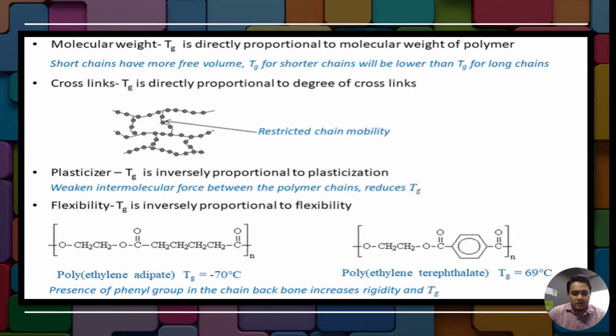For number one, we have polyethylene adipate with the glass transition temperature of negative 70 degrees Celsius. And example number two, we have polyethylene terephthalate, with a glass transition of 69 degrees Celsius. So the presence of the phenyl group in the chain backbone increases rigidity and glass transition.